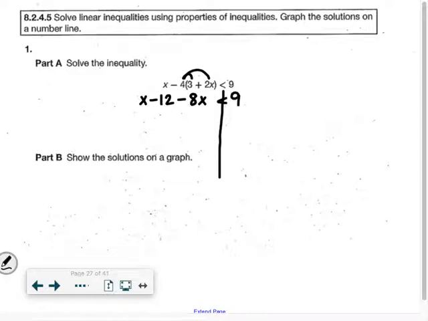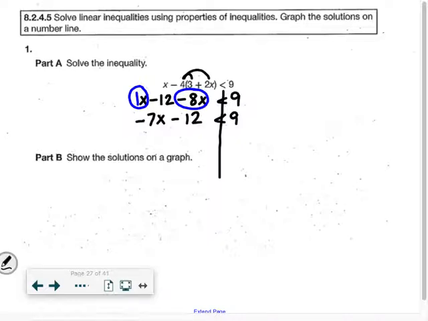So here's my inequality. Now I can combine my like terms. I'm going to put a 1 in front, and my like terms are 1x and -8x. 1x combined with -8x will be -7x.